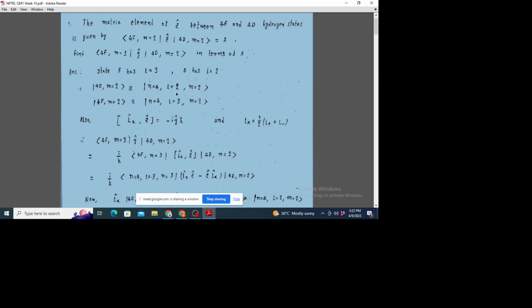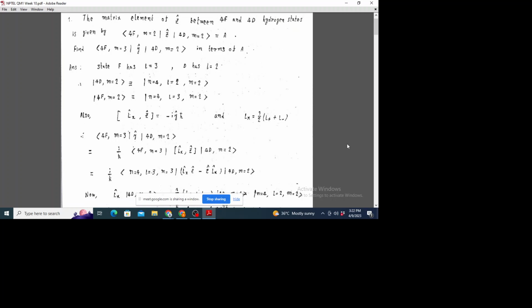That means to relate this y operator here and the z operator here, we can easily use this commutation relation, because it links z and y. So in place of y here, we replace it with the commutator between Lx and z.